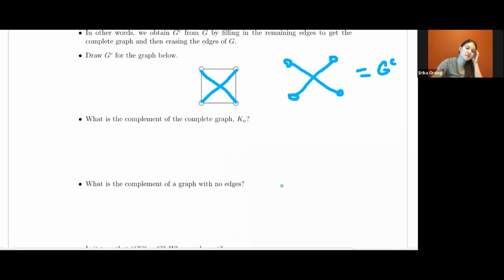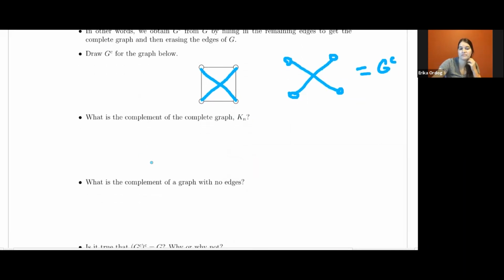So what's the complement of the complete graph, K_n? Pause and think about that for a minute, and let's talk about it now. The complete graph has an edge between every pair of vertices.